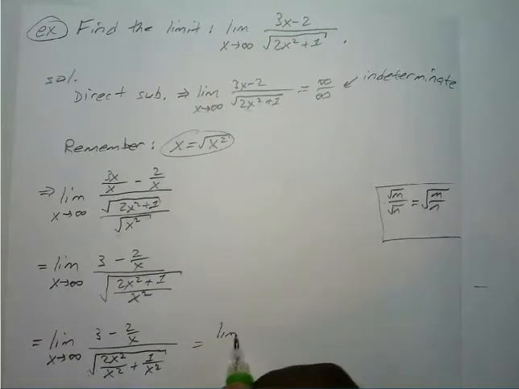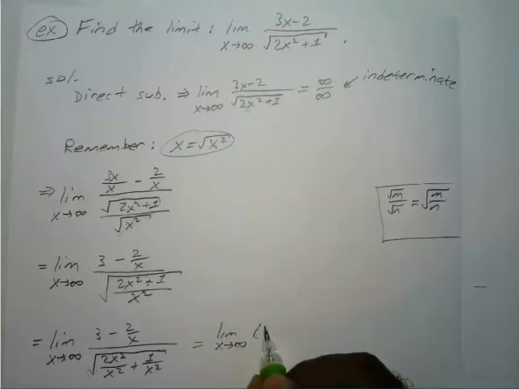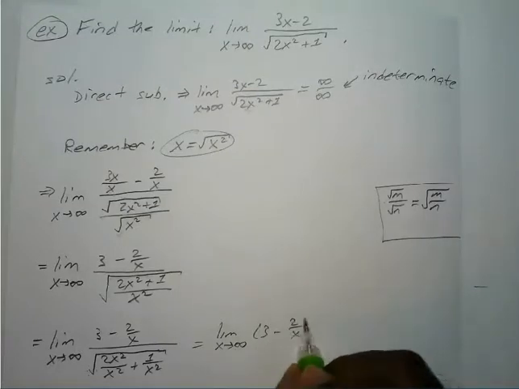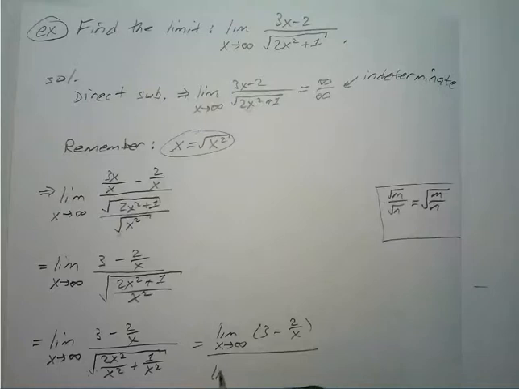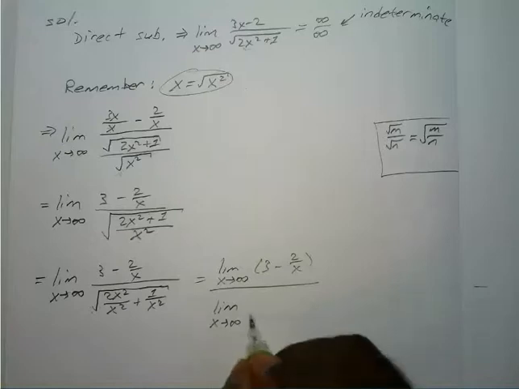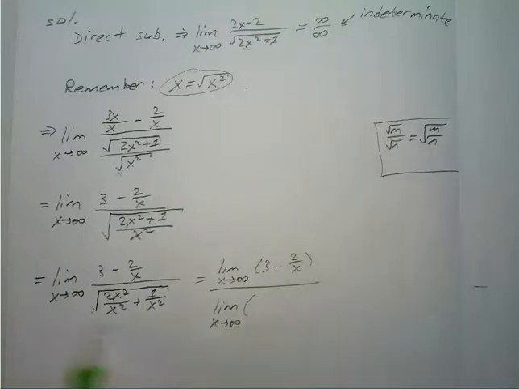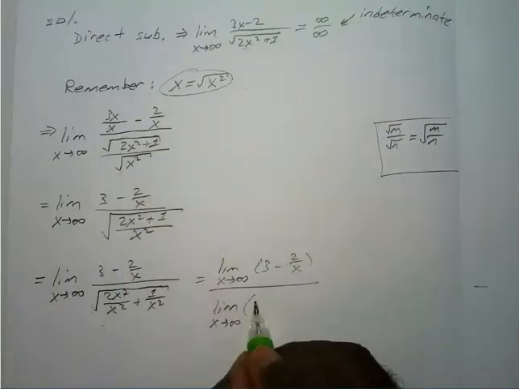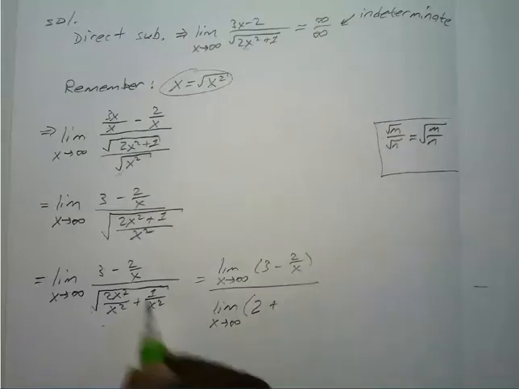We have the limit as x approaches infinity of 3 minus 2 over x over the limit as x approaches infinity. Here you see the x squares cancel each other out. That's why you pick that from the beginning. Those two cancel out, so that's just the limit of 2 plus 1 over x squared.